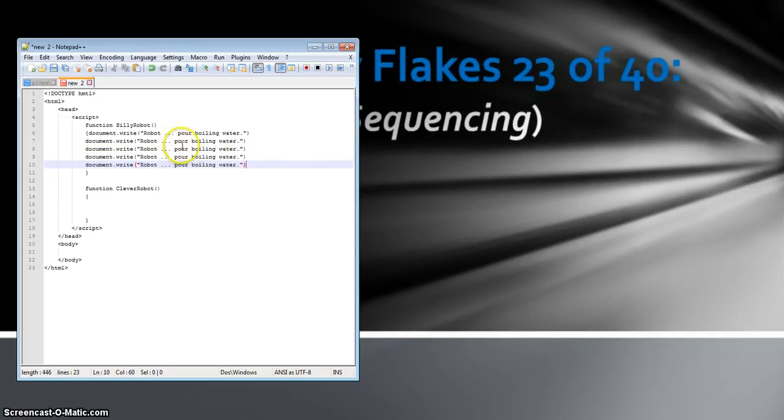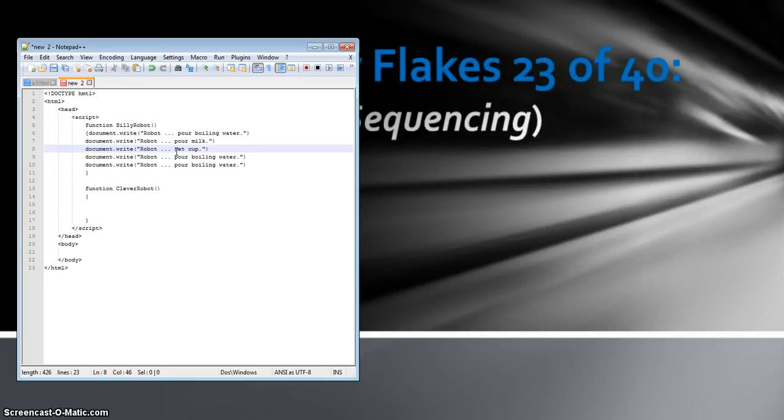So pour boiling water. Then I'm going to ask the robot to pour milk. Okay, so pour some milk, and then we're going to ask the robot to get cup. Now we're trying to make the robot make me a cup of coffee, you see.